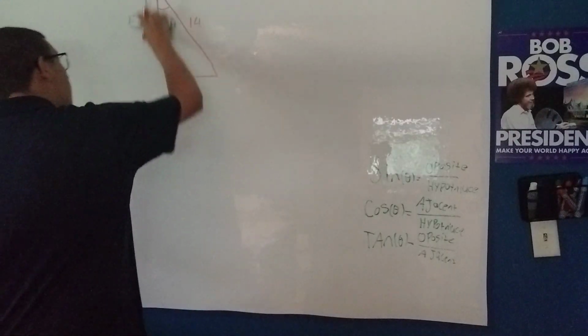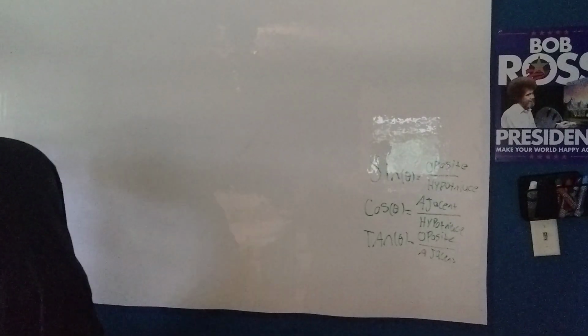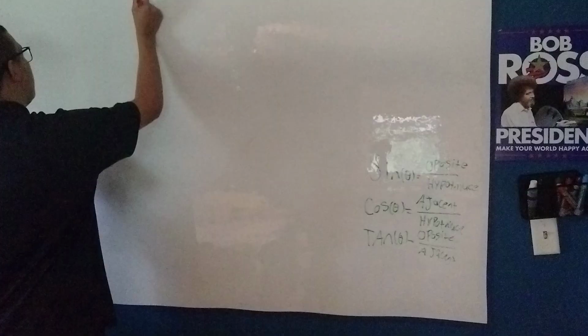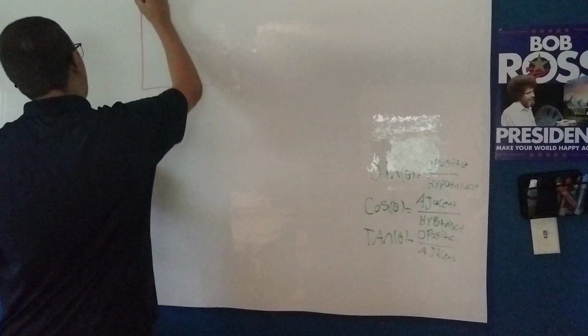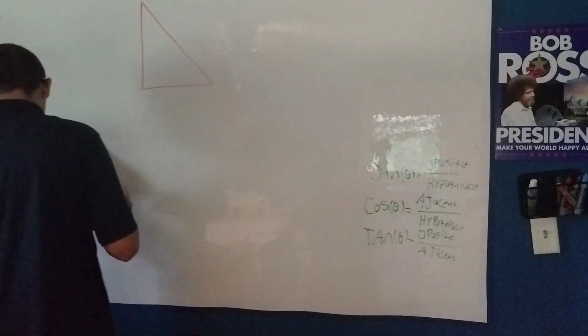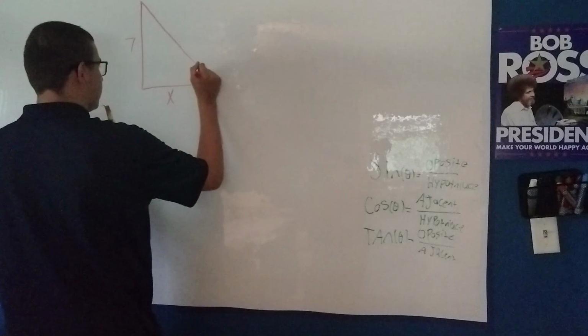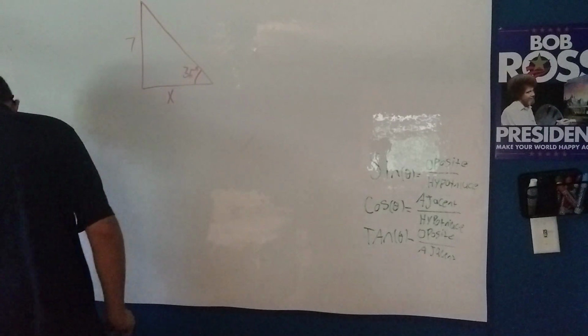Next one, here in a second. We have our triangle here. And this is 7 units, this is x units, and this is 35 degrees.